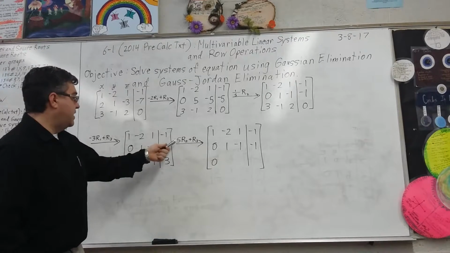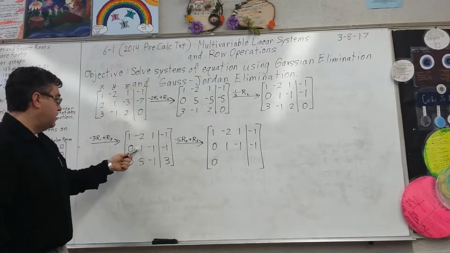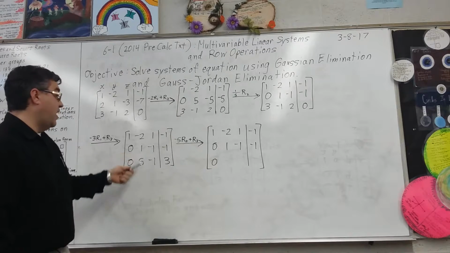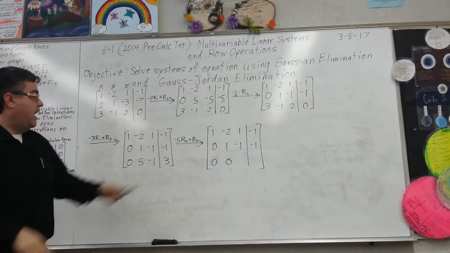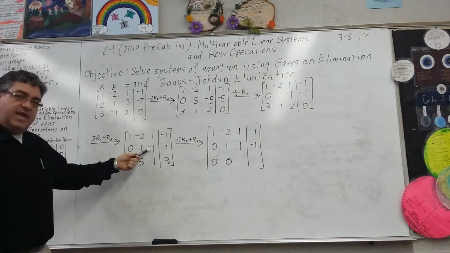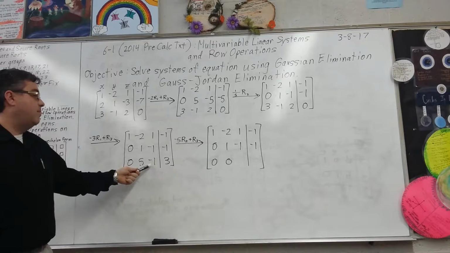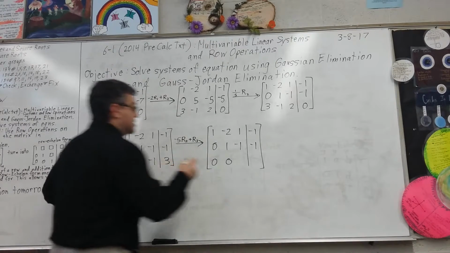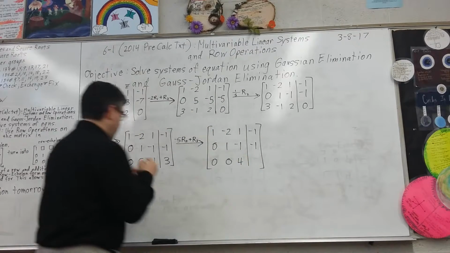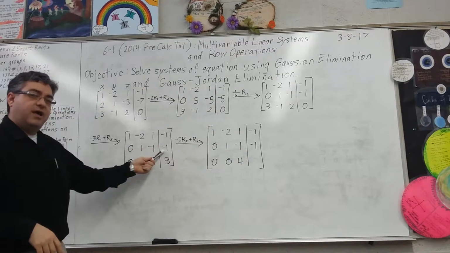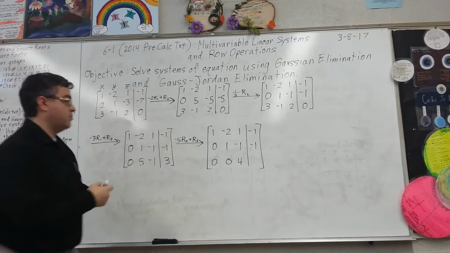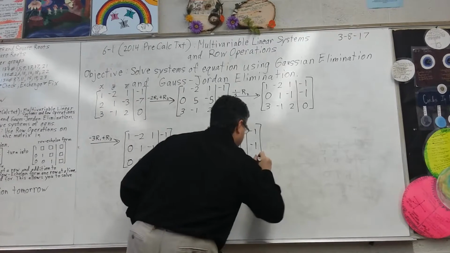Then we've got -5 times 1 is -5 plus 5 is 0. And -5 times -1 is +5. 5 plus -1 is 4. And -5 times -1 is +5. 5 plus 3 is 8.